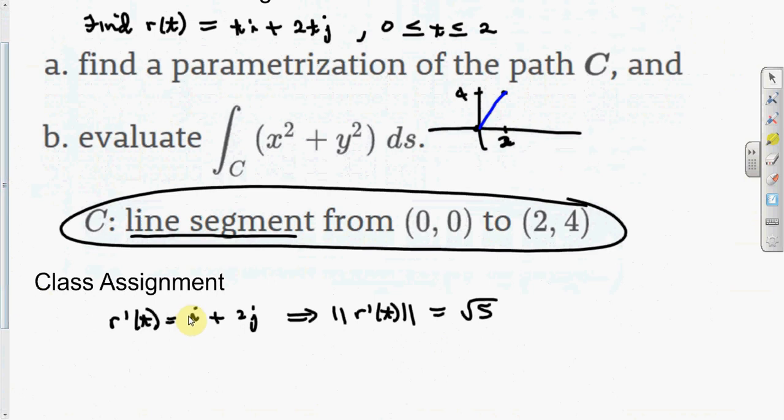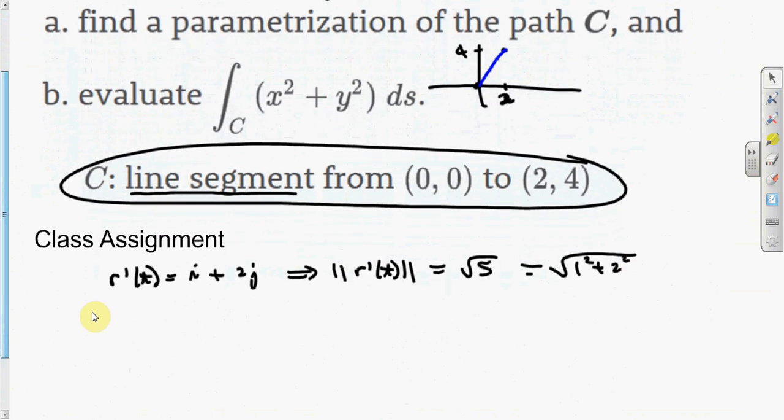It's the square root of 1 squared plus 2 squared. So ds is that magnitude of r prime of t dt. So that's going to be the square root of 5 dt. So we know we need that.